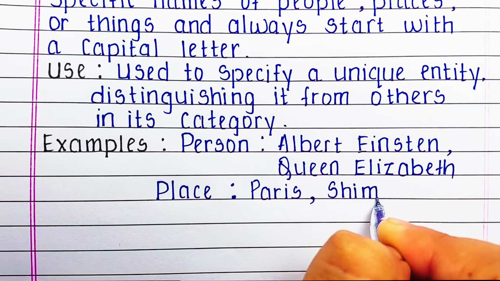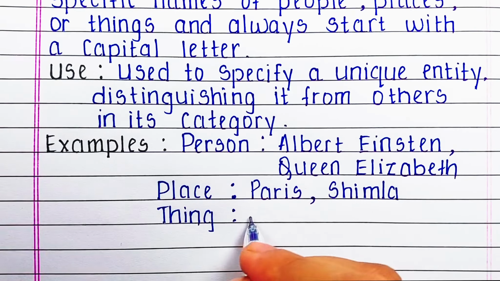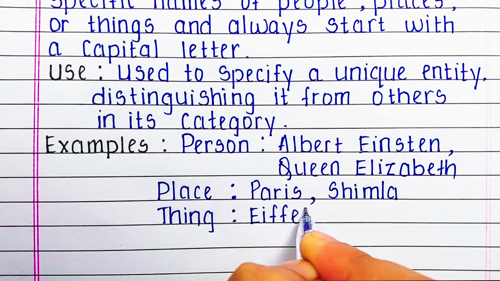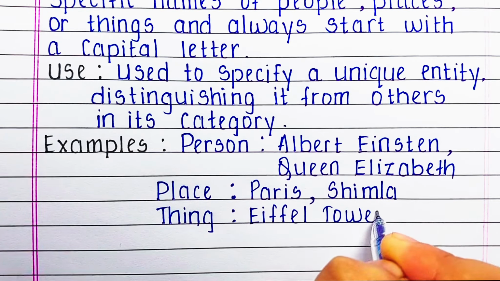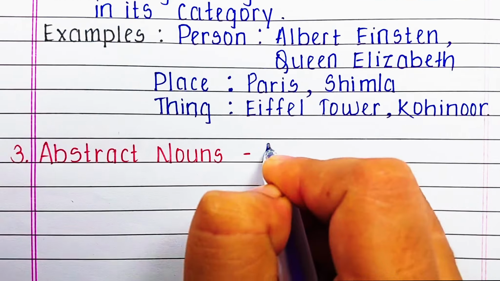For place, we have proper place names like Paris, Shimla, etc. For thing, we have specific things like Eiffel Tower, Kohinoor, etc.